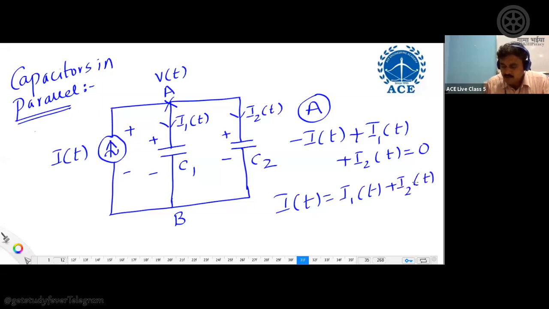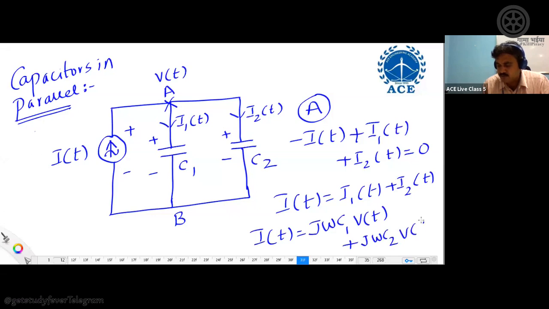Now, how can you write I1 of t? I1 of t is the current on the capacitor, ratio of voltage to impedance. So it will be V of t by 1 by j omega C1. So it becomes j omega C1 into V of t plus again j omega C2 into V of t. Both will remain the same.